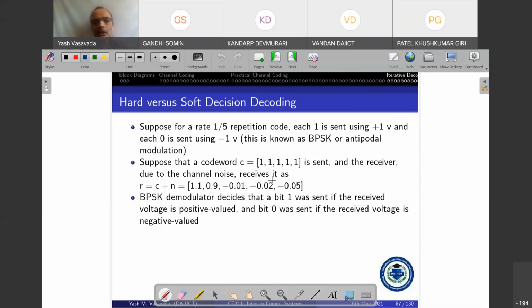Now suppose this codeword is sent, because of repetition, five ones. They all will be sent as 1 volt, five times. But the receiver, because of the noise, ends up seeing 1.1, 0.9, and then the other three values are pretty close to 0.